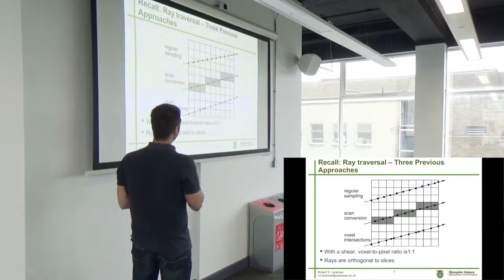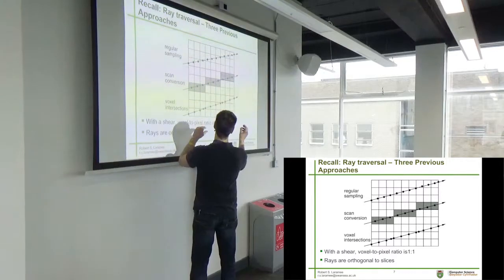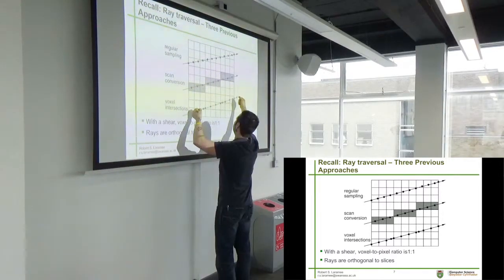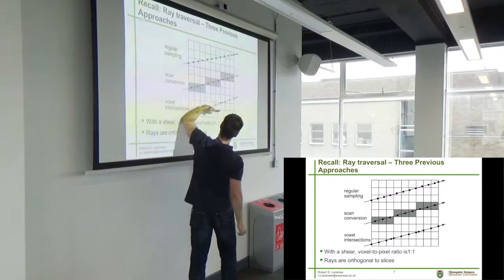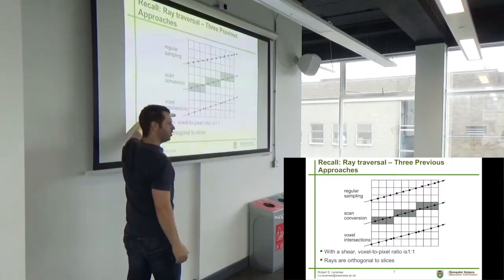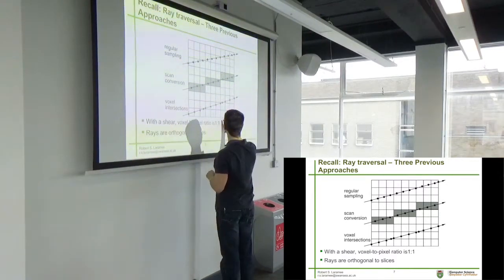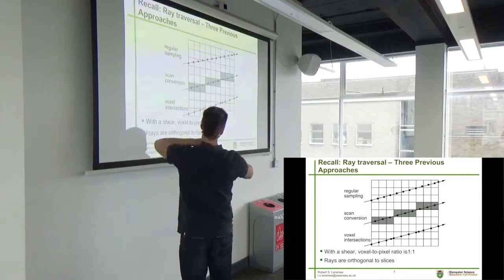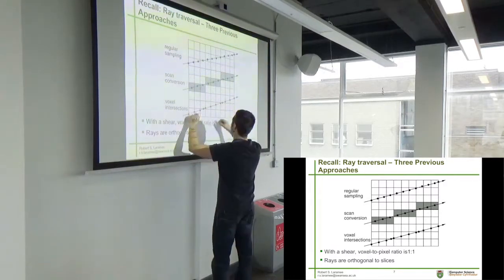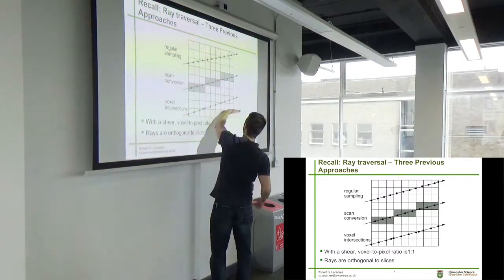Now, you can use your imagination here, right? And shear this volume. In other words, take the volume and shift it like this. If I take the volume and shift it like this, it turns this ray into a horizontal. You can shift it so that the ray is horizontal. If I pull this one down and I pull this one down, they wouldn't be pulled down all the same amount. But that's the shear. And what happens is this ray gets rotated, so it's horizontal.